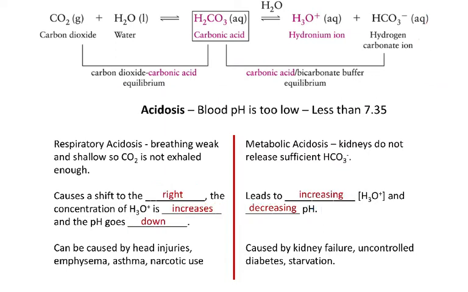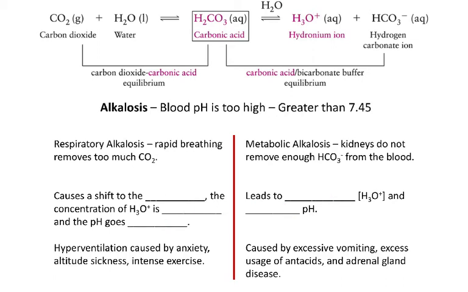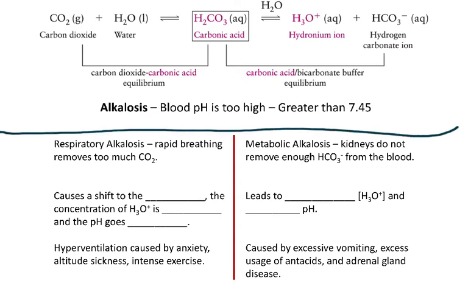Now, let's look at, oh, there we go, there's the answers. Alkalosis, right, is if the pH goes up too much. So let's look at these two cases again through the lens of the buffer system, equilibrium, and Le Chatelier's principle.